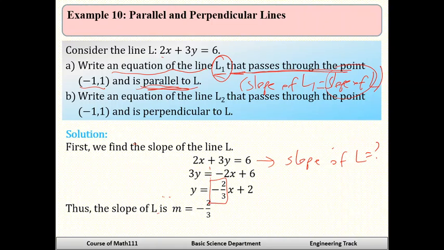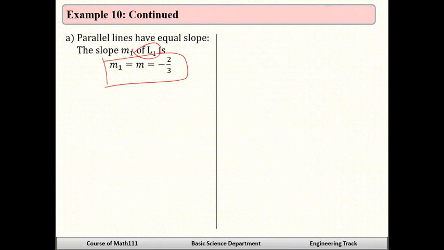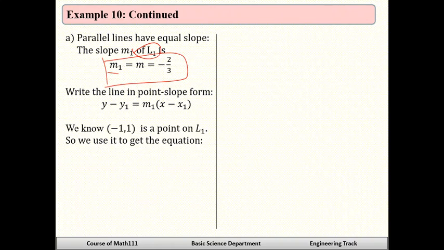But we know that the slope of L1 is the same as the slope of L, which is minus 2 over 3 from here. So we say the slope of L1 is equal to minus 2 over 3. Let's call it M1, equal to the slope of L. Then we write the point slope form, y minus y1 equal to M1 times x minus x1.